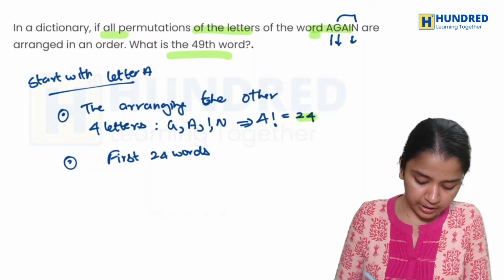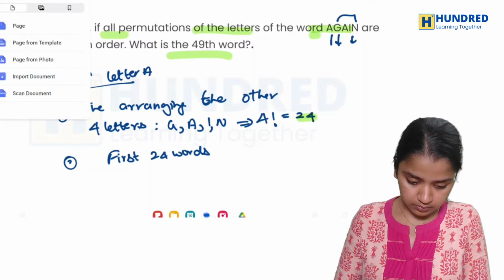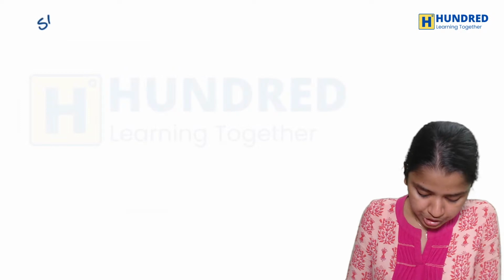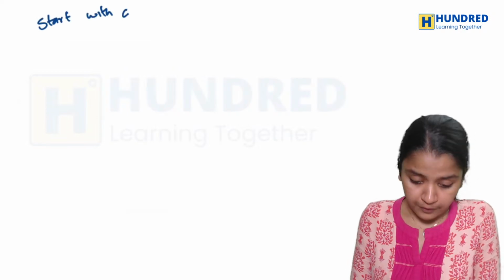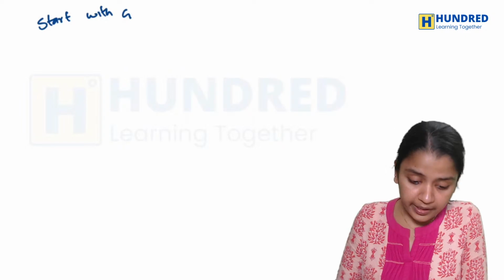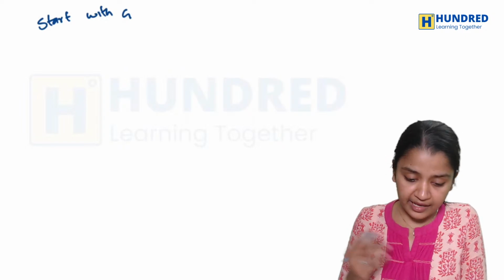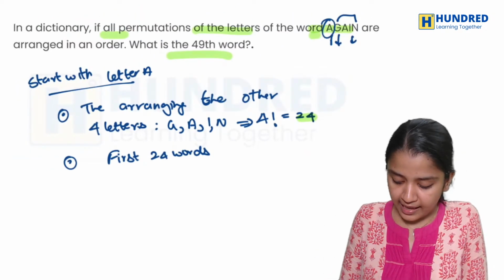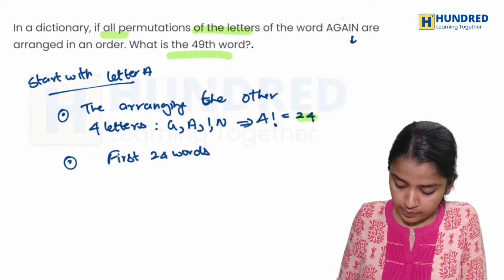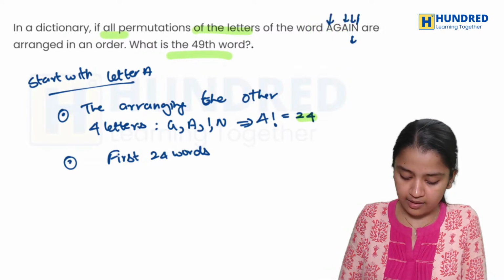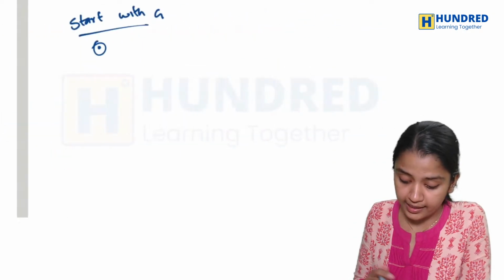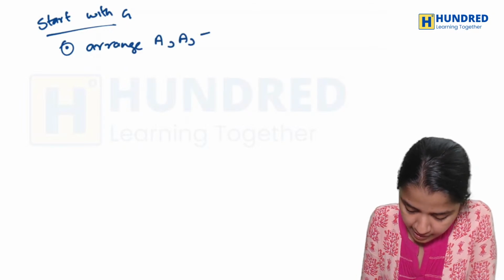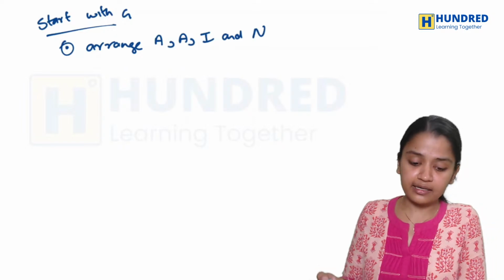Now what about if it starts with G? If I'm starting with letter G, you have to arrange the other letters: A, A, I, N. Except G, the other letters you have to arrange in different ways.